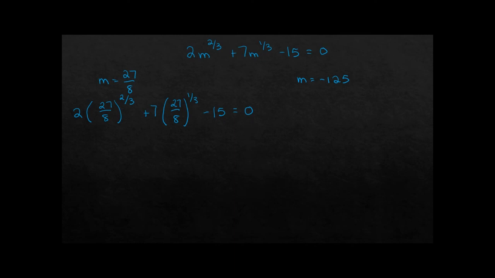So I'm going to do the exponent stuff in my calculator. If you're going to enter in a fraction, you can use the division symbol. I actually have a fraction button on my calculator that I'm going to use. And when you do the exponent, you need to make sure that you put that 2/3 in parentheses. You also need parentheses around these fraction exponents to make sure it does it correctly.